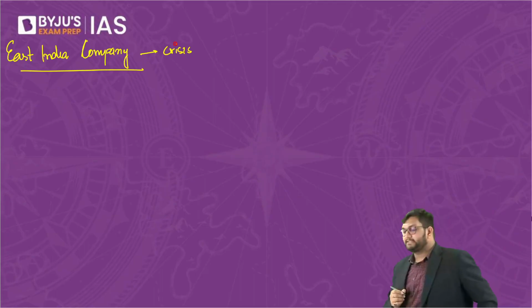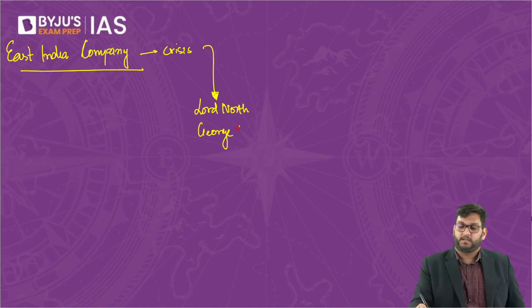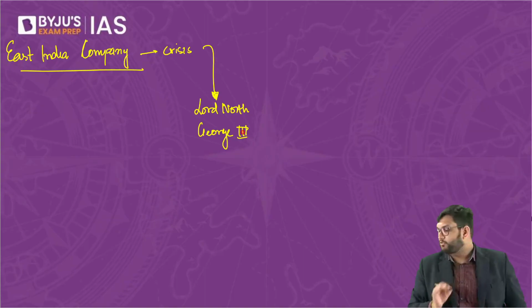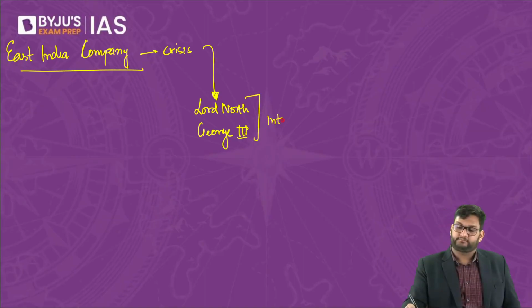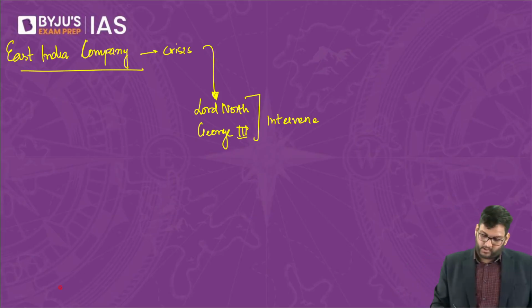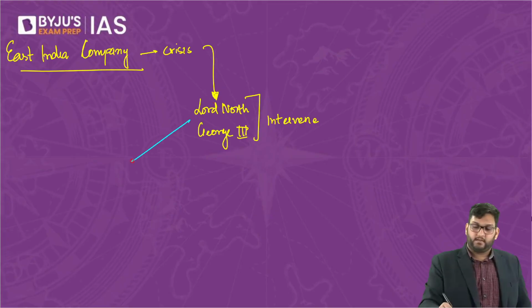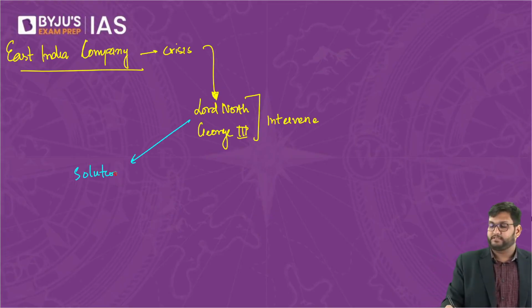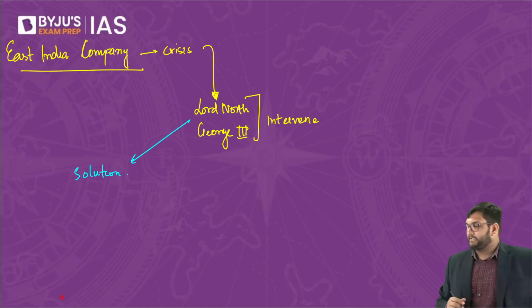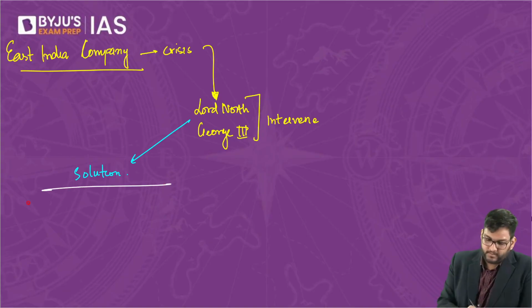And now that it is in a crisis, it is very clear that Lord North and George III had to do something, they needed to intervene. And in order to revive the East India Company, the solution which they gave is that they introduced the Tea Act in America.